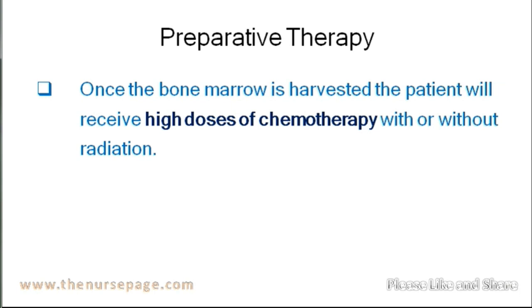Next is preparative therapy, after harvesting of the bone marrow. Once the bone marrow is harvested, the patient will receive high doses of chemotherapy, with or without radiation.